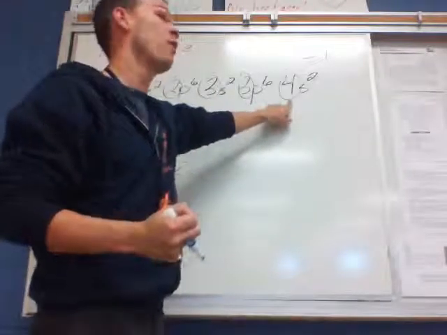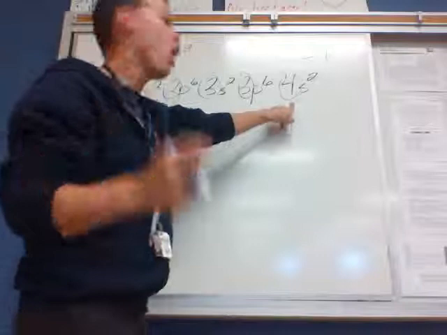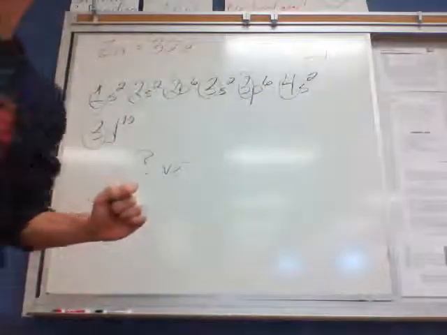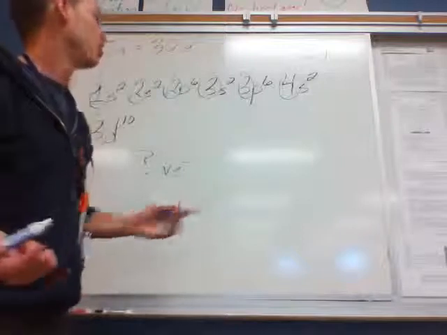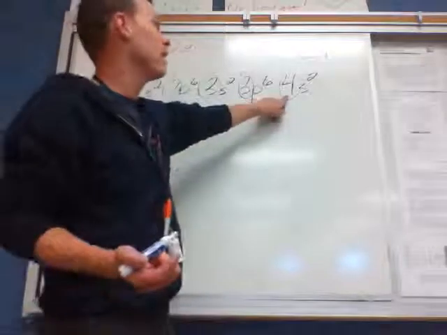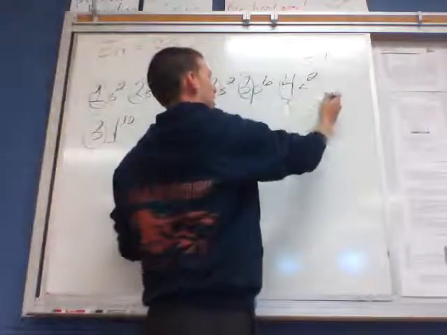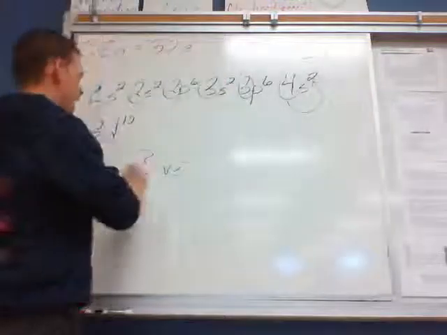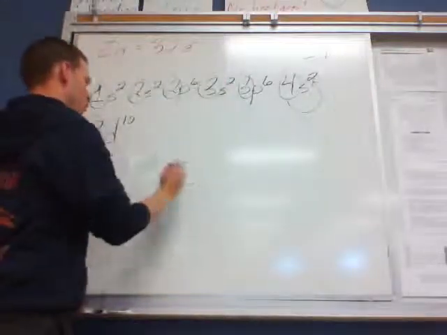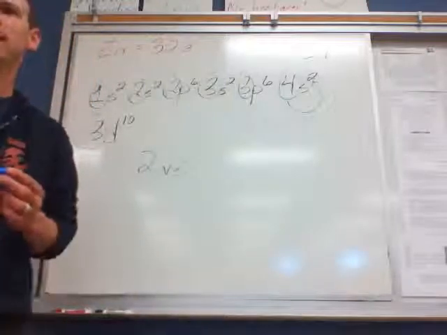Sometimes there's more than one. We saw that in oxygen. Are there any other 4s that I circled? Not in this one, but make sure you check. So this is the only 4, and how many electrons are existing in that energy level? 2. We've got 2 valence electrons in zinc.